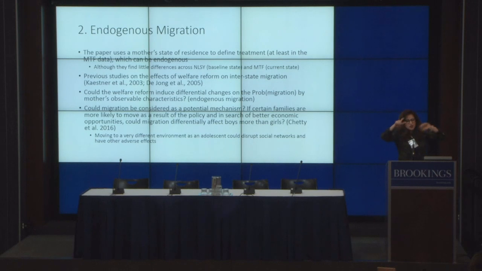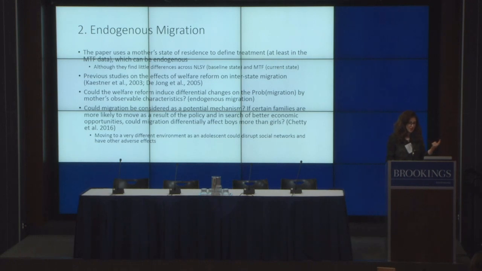So there is endogenous migration, like where if the welfare reform induced that differential change in migration by mothers' observable characteristics, but also because the reform forced women to find jobs, and if the decision of where to find a job was associated with a migration for economic opportunities, could migration itself help explain these differential effects on boys versus girls?